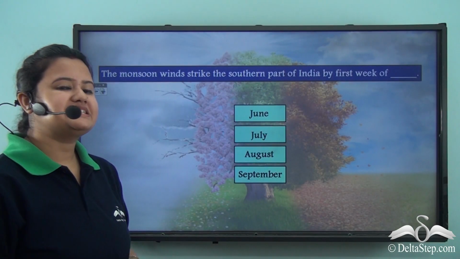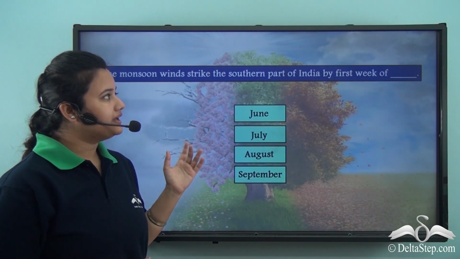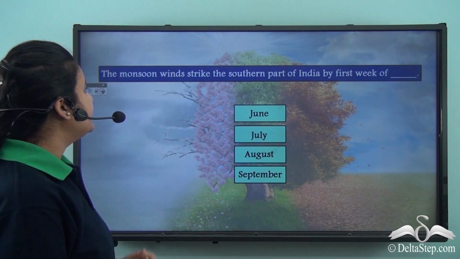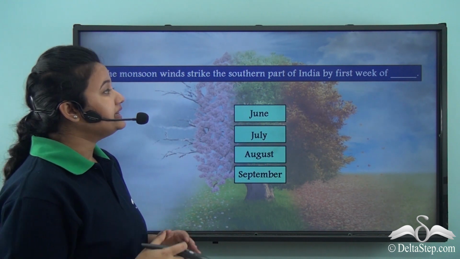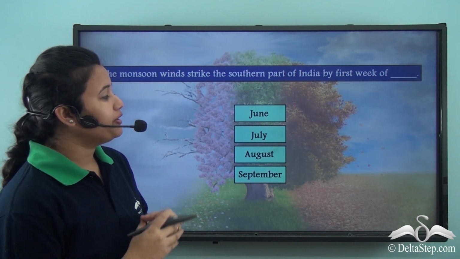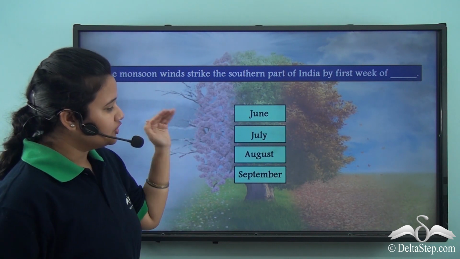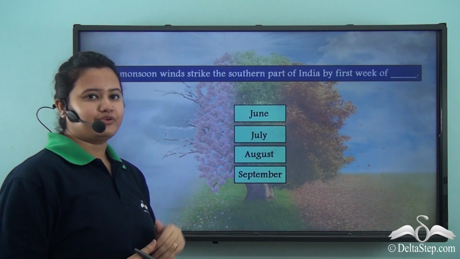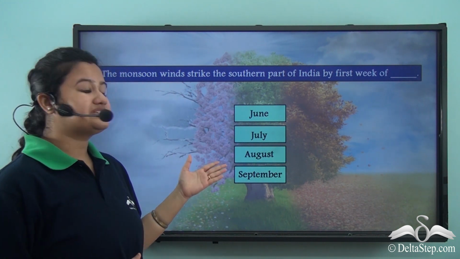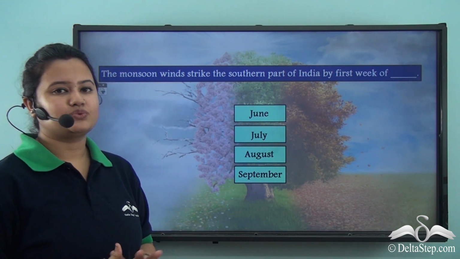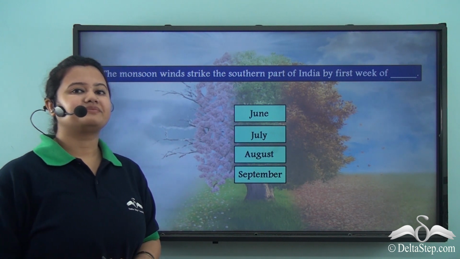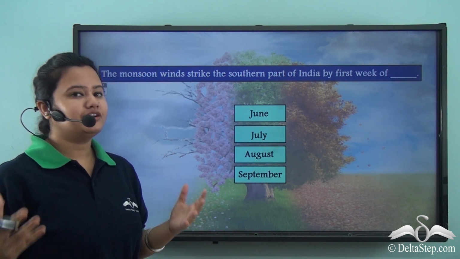Now, before proceeding with our lesson, let us try to answer this question. The monsoon winds strike the southern part of India by the first week of, and the options given are June, July, August or September. Well, which of these options do you think is the correct one? Well, you can't remember.